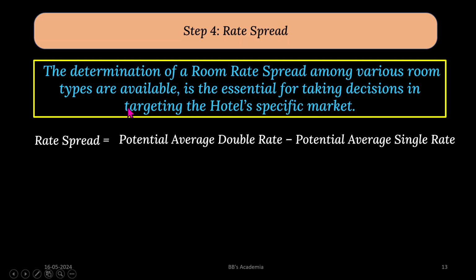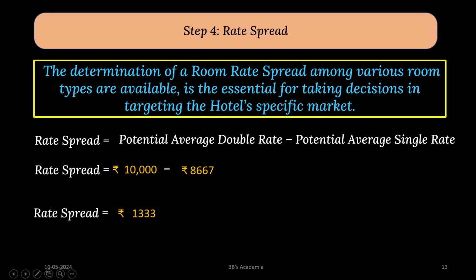Rate spread is what? Potential average double rate minus potential average single rate. In this case, potential average double rate is 10,000 rupees, and in earlier slides we have calculated potential average single rate is 8,667, and the difference is rupees 1,333.